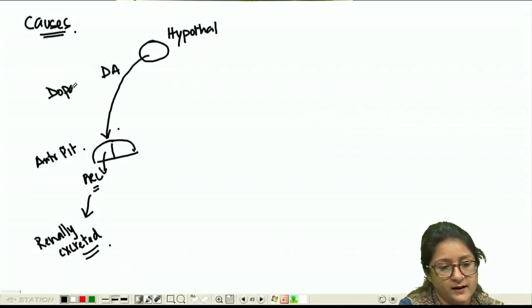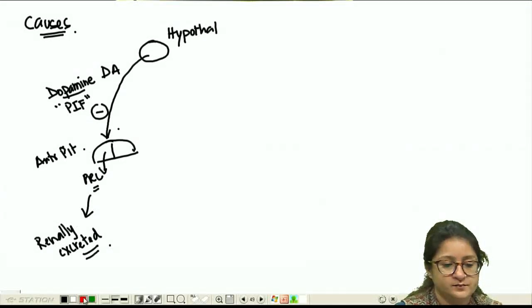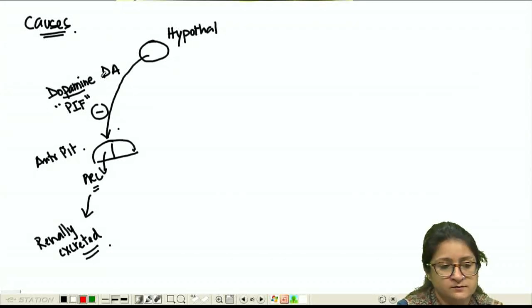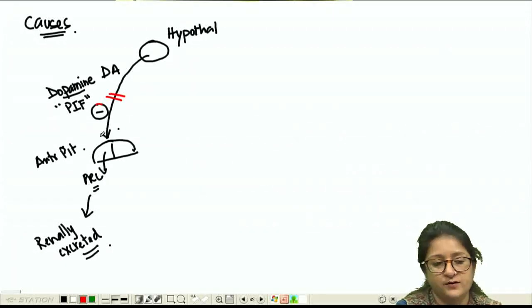This dopamine is the prolactin inhibitory factor, so it inhibits the release of prolactin. So any factor which causes a block in the dopamine release to the anterior pituitary will lead to increased prolactin.